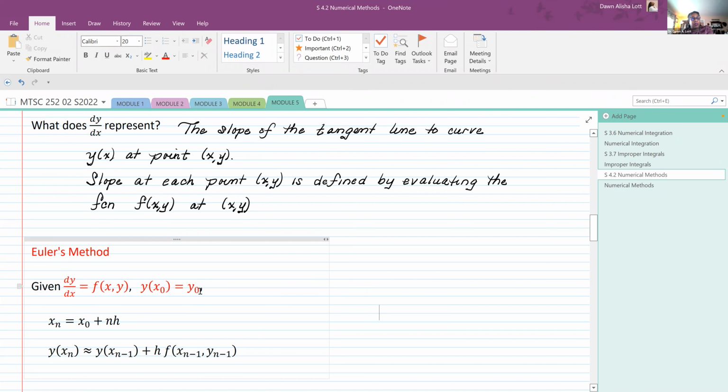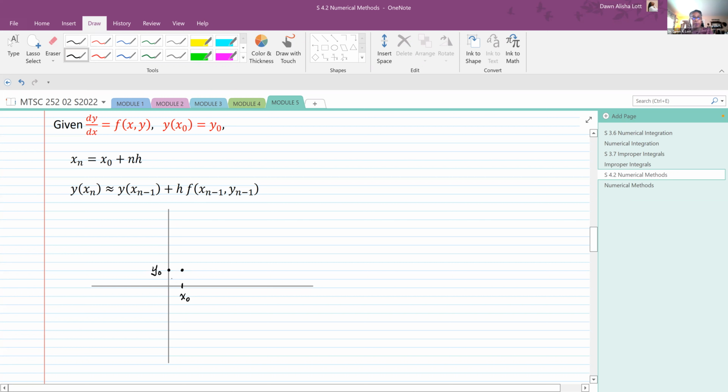So we are given that y at some x naught is equal to the value y naught. So that point is on the curve.